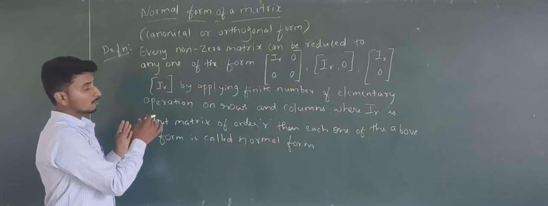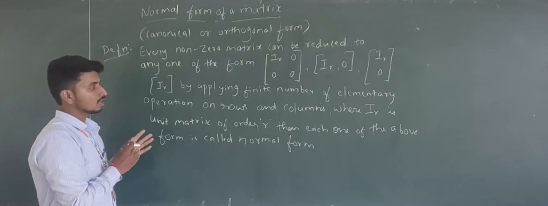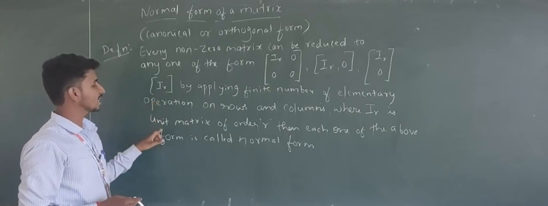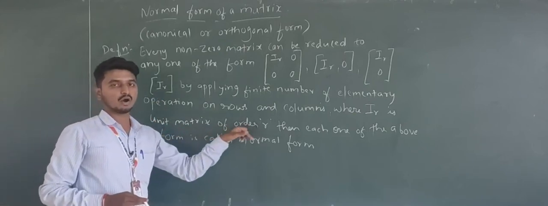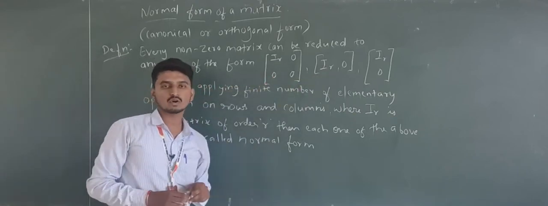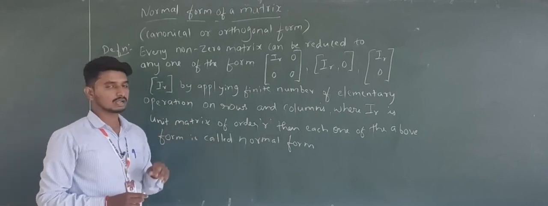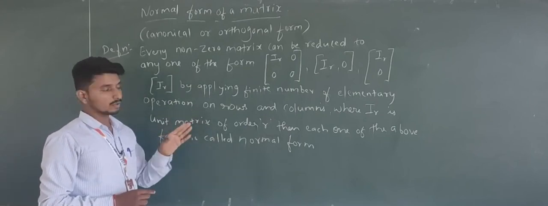Here, by applying a finite number of elementary operations on rows and columns, where IR is a unit matrix of order R, each one of the above forms is called the normal form. What do you mean by unit matrix?